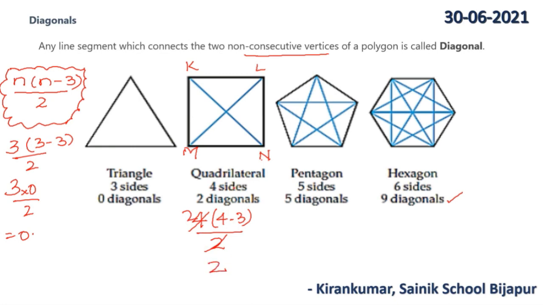So 2 diagonals are present in a quadrilateral. If a polygon has 10 sides, that is a decagon, the number of diagonals will be 10 into 10 minus 3 by 2. That is 5 times 7, which is 35. So 35 diagonals are there in a decagon.